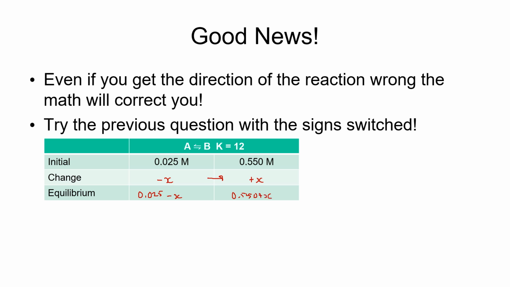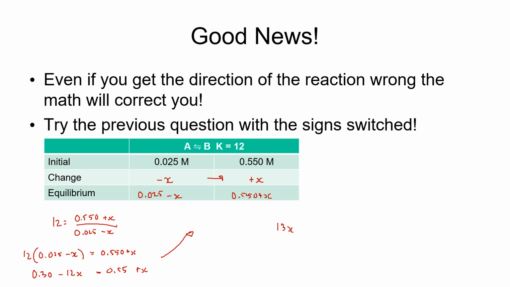Then we slap it into that same equilibrium expression, and you work it all out again, so 12 times the 0.025 minus x equals the 0.550 plus x. And if you sort everything out, it ends up being the same, 0.3 minus 12x equals 0.55 plus x, and then we'll move everything up here, and it'll be 13x again on that side.